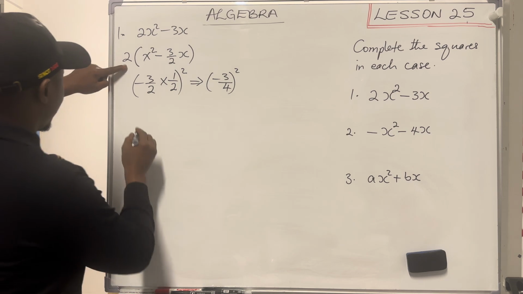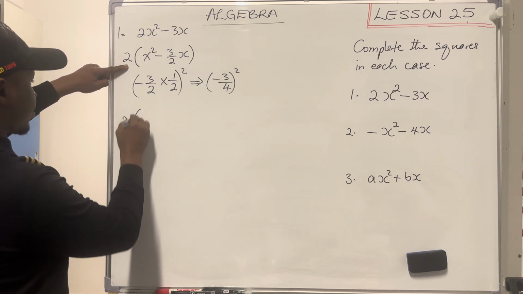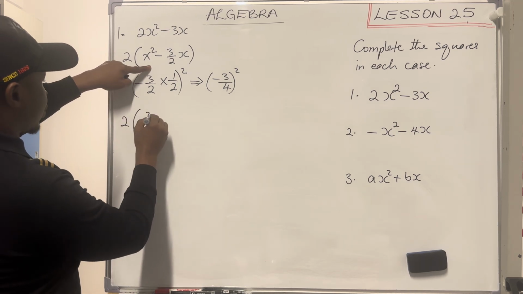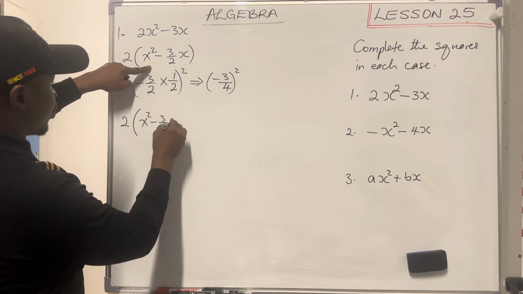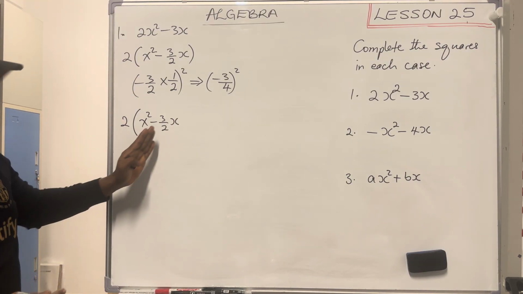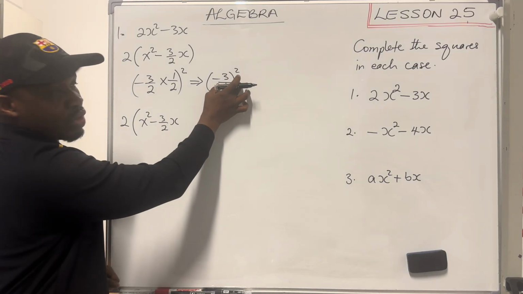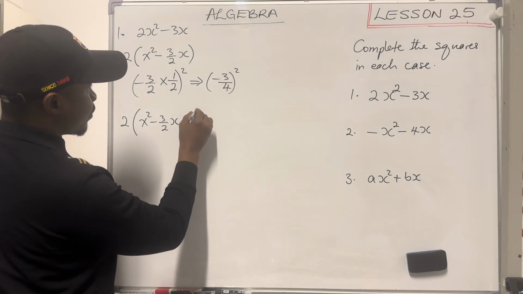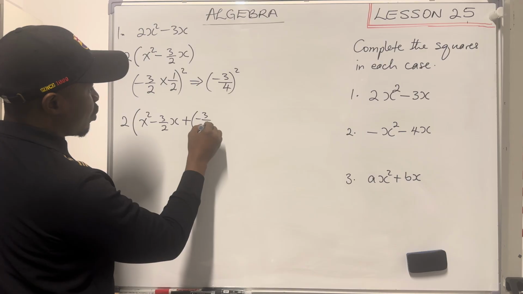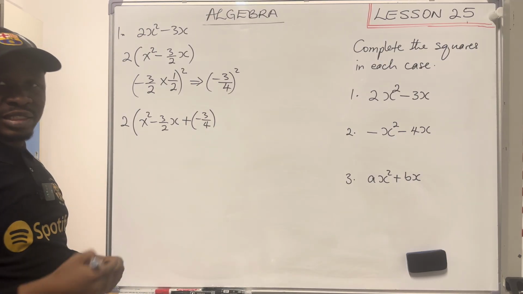So now see what we do. This is 2, this is x squared minus 3 upon 2 x. You see, I don't close it now. So what do I do? I add this one, 3 over 4. Where is the plus coming from? Because I said you add.